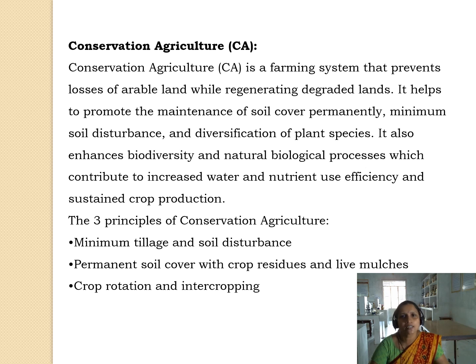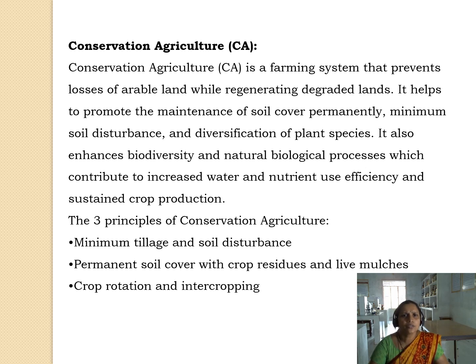It also enhances biodiversity and natural biological processes, which contribute to increased water and nutrient use efficiency and sustained crop production. The three principles of conservation agriculture are minimum tillage and soil disturbance, permanent soil cover with crop residues and live mulches, and crop rotation and intercropping.